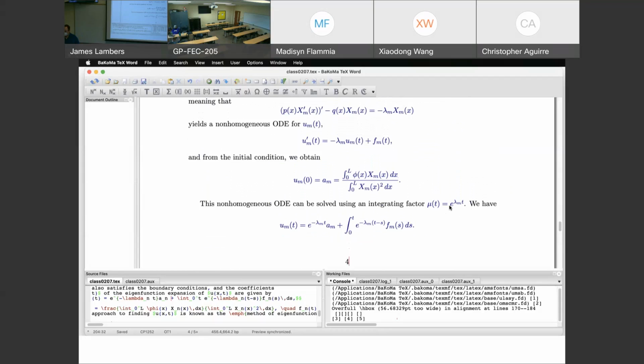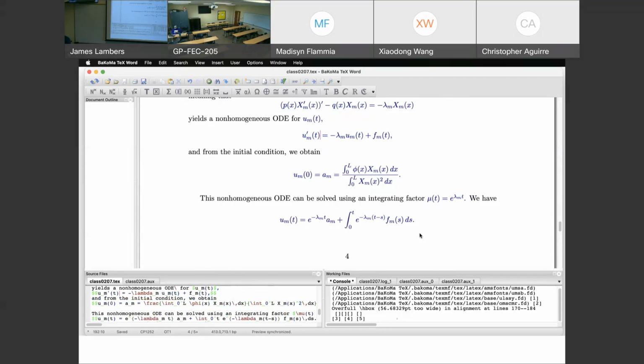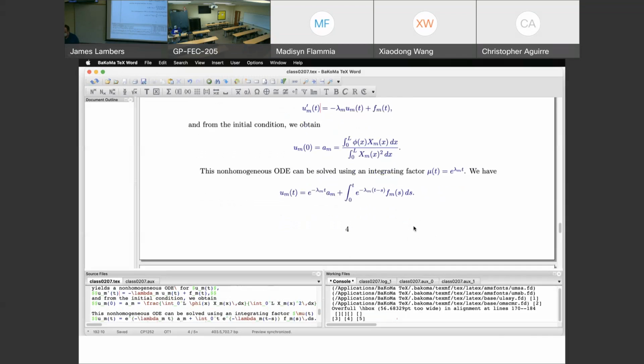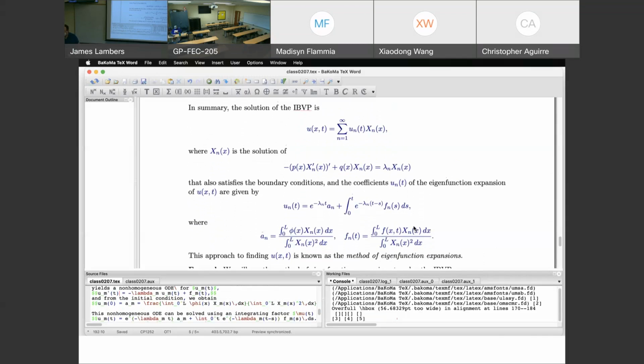You may remember from your first ODE class, you move this over to the left side, integrate both sides after multiplying by the integrating factor, and that's where this comes from. I can see why you think Laplace transform, because it has an e to the minus st here, and s is often used as a Laplace transform variable. Other question?